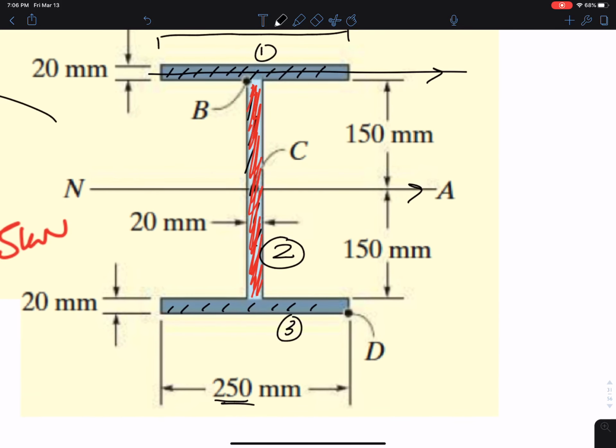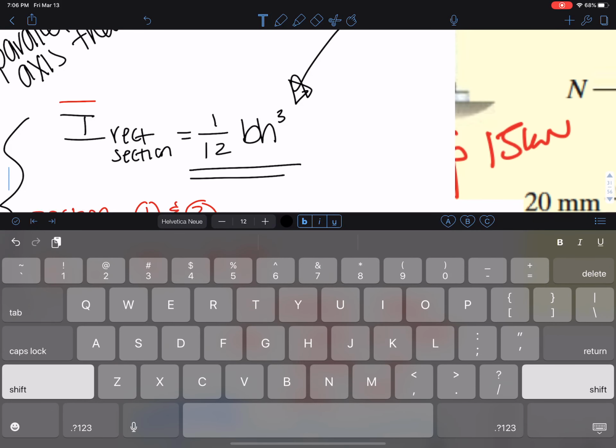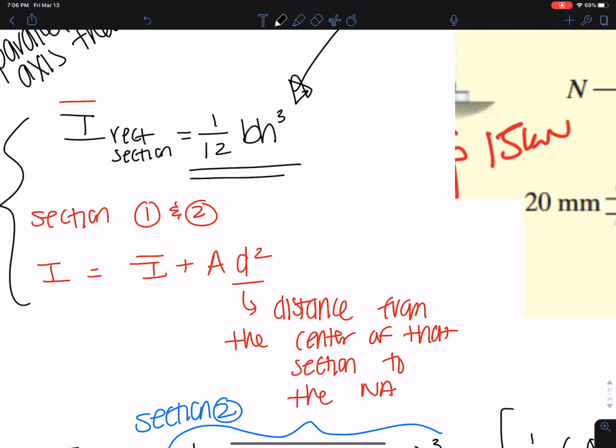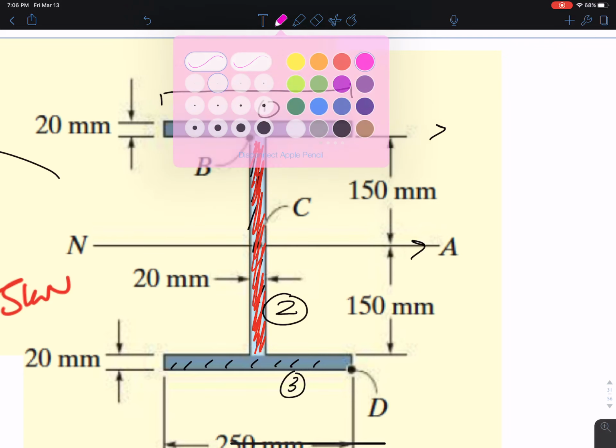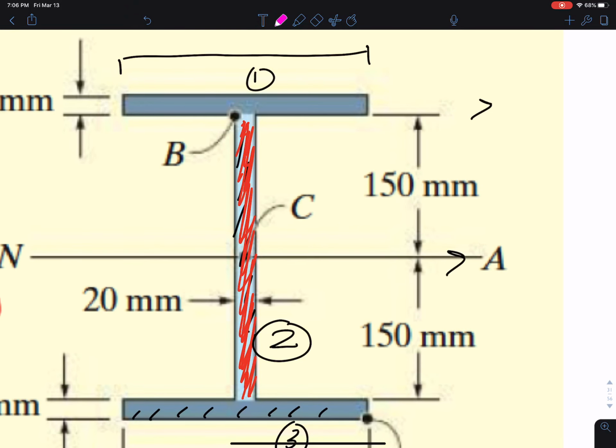And let's zoom in here to figure out what that D value is. Let me clear this up a little bit so I can show you. This D value is calculated as such. This line represents the center of that object. This is the neutral axis of the whole object, where I calculated my moment of inertia about.